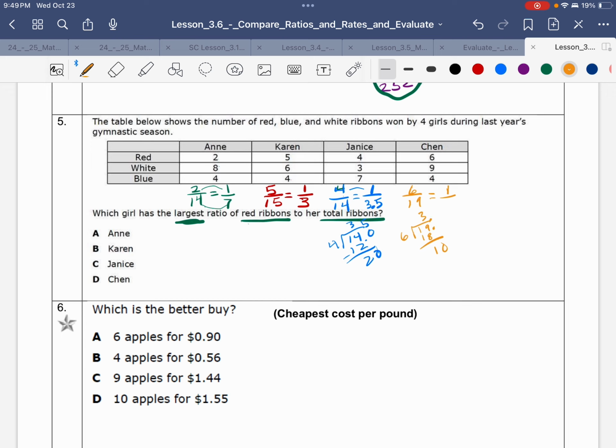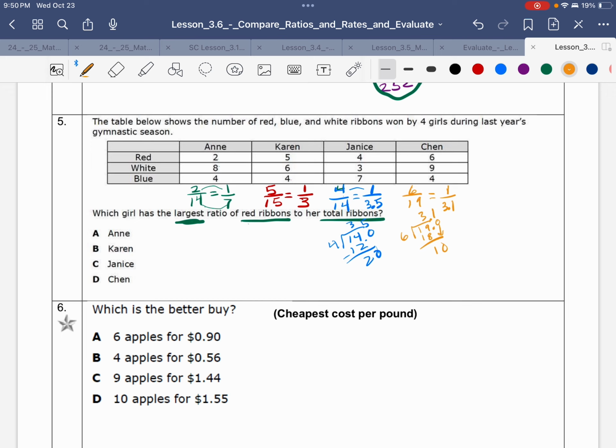Adding a decimal and a 0. Still 1, 3.1-ish. Alright, this would be 3.1 and some change, but we're looking for the largest ratio.